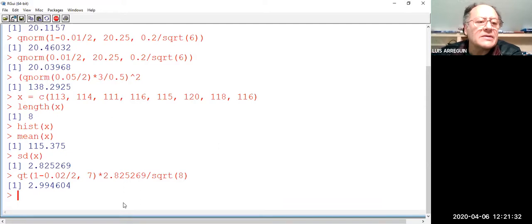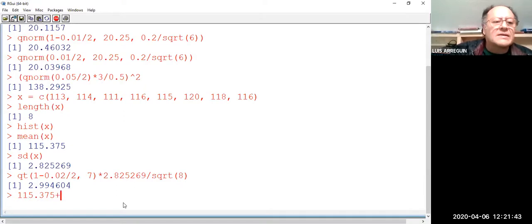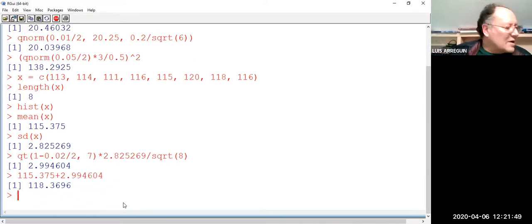So the upper limit is going to be the mean. We needed the mean. I totally forgot we needed the mean. So the mean is just 115.375 plus the margin of error 2.994604. So my upper value is going to be 118.3696.